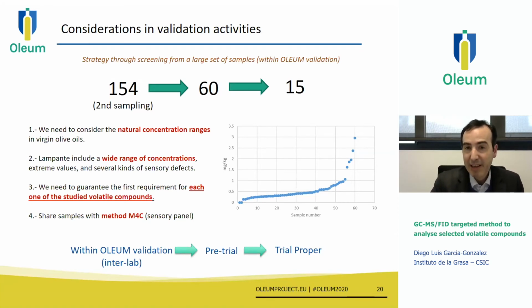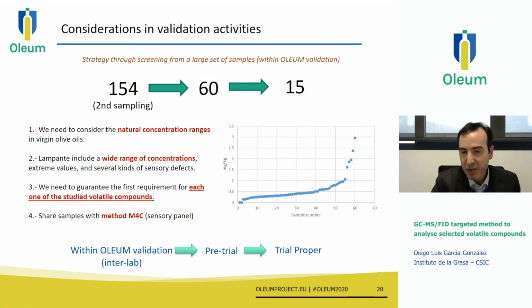That's why we worked with 15 volatile compounds that were selected from a larger set of more than 100, in order to have all the possible concentration values that can be found in virgin olive oil for each one of the 18 volatile compounds. This is difficult, but it was a question of analyzing a larger set and then selecting representative samples for each one of the volatile compounds.